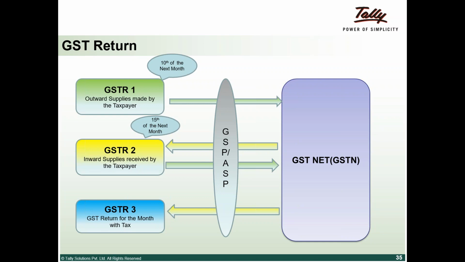One more thing I wanted to tell you is that GSTR 2 is auto-populated. As GSTR 1, somebody else has supplied to me. When he uploads a GSTR 1 on the 10th, on the 11th it will be visible to me, what all sales he has made to me. If something is missing, I can add it, and my supplier has to accept that.